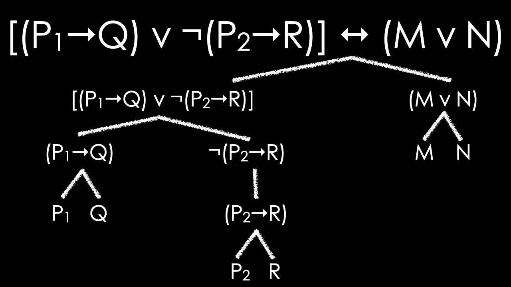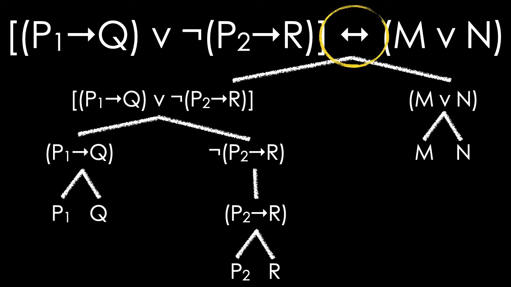We can visualize this as a tree. Starting with the smallest pieces, sentence letters, we combine them using the various rules that appear in the definition of a well-formed formula to make compound parts. And once we've made the compounds, we stick those together, either with other atomic sentences or with other compounds, to make more and more complicated pieces until we can fit together the whole thing.